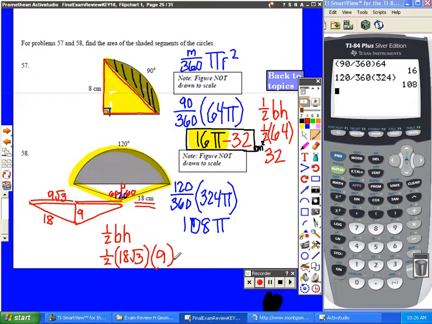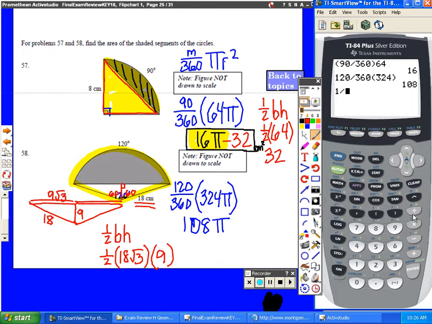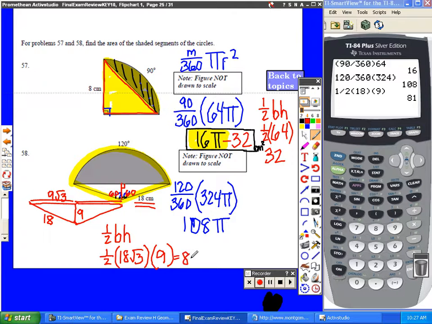So let's see, 1/2 of 18 times 9 looks like 81√3. So that's the area for the red triangle. So my final answer will look like this: 108 pi subtract 81√3 centimeters squared.